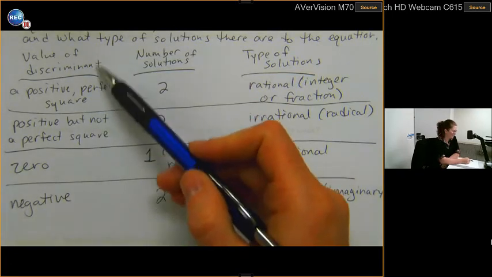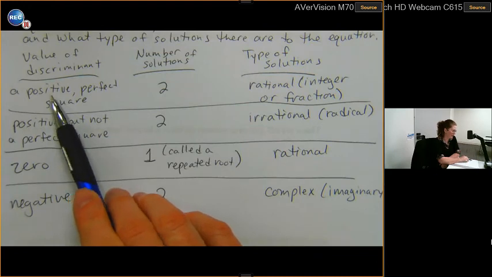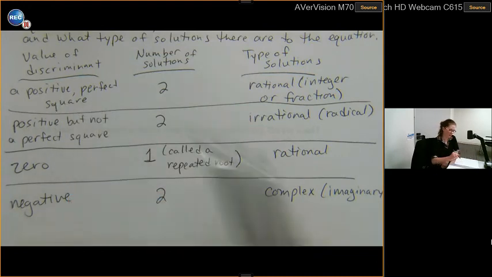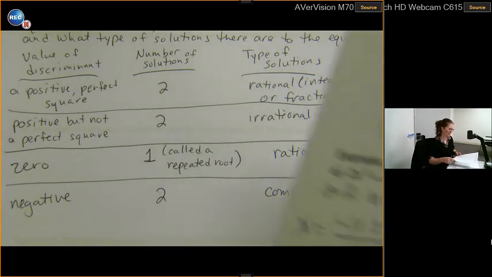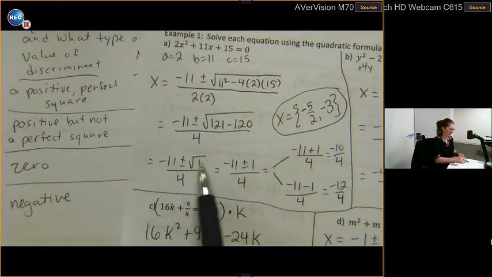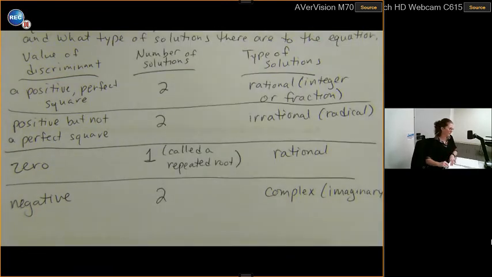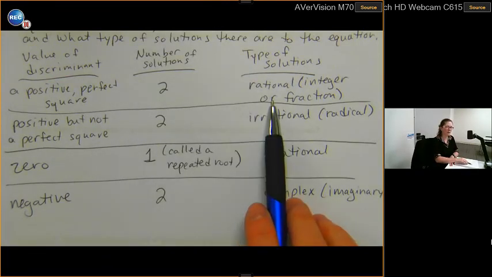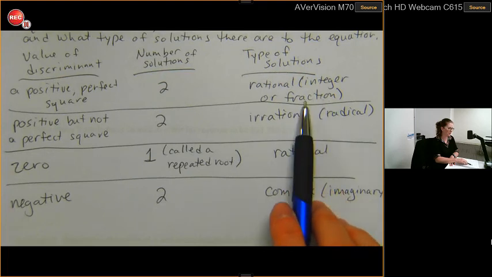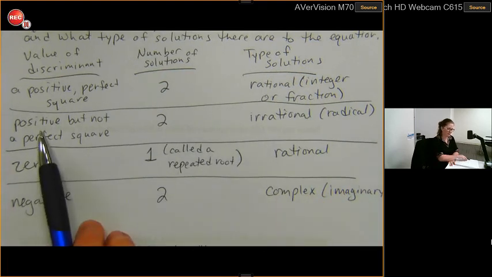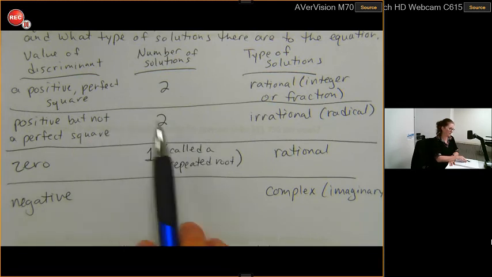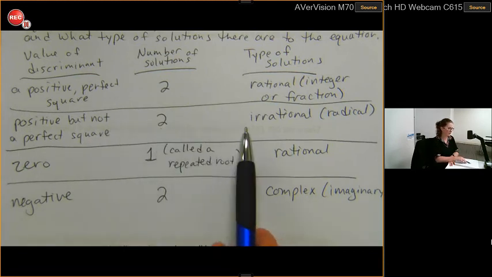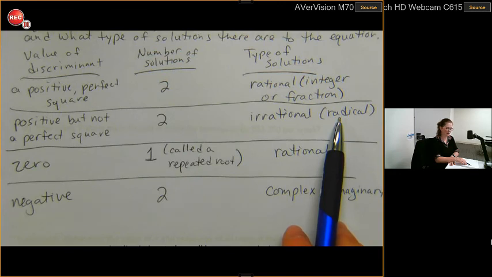If the value of the discriminant is positive and a perfect square, like we saw in example 1, part A, because we had a positive 1, then we get two solutions that are rational, meaning they are integers or fractions. If you have positive but not a perfect square, you still get two solutions, but they're irrational, meaning you're going to have a radical answer.